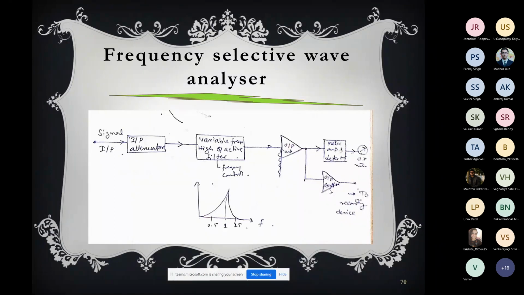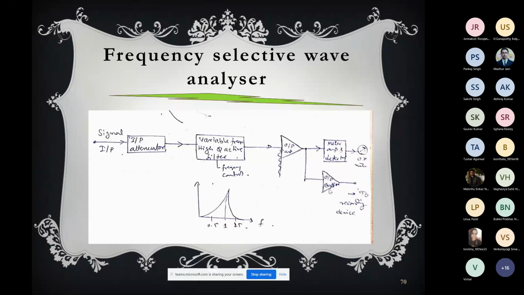Now the frequency domain, how can you see it? Either you take the time domain signal, do the Fourier analysis and the Fourier transform, and then see what the frequency domain signal is. Or there is an instrument which is readily available. When you plug the signal in, the output will be frequency versus amplitude. That means frequency domain representation.